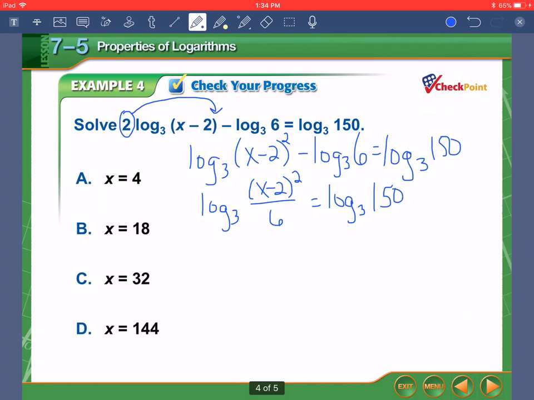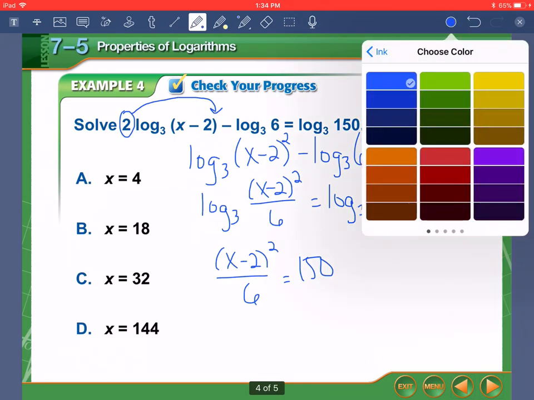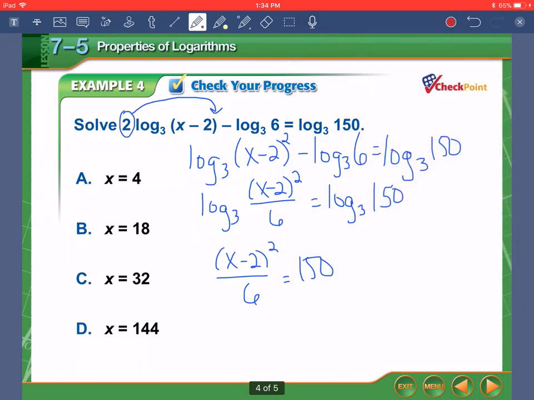And now I have a logarithm on both sides, and they have the same base. So I can drop the logs, and I can say x minus 2 squared over 6 equals 150. So now I just need to solve for x. So my first step in solving for x is I'm going to multiply both sides by 6.